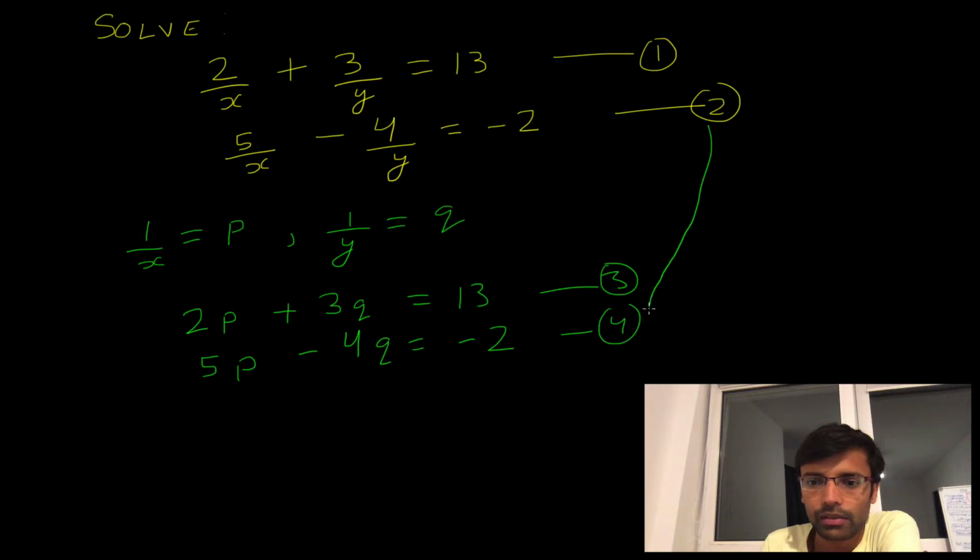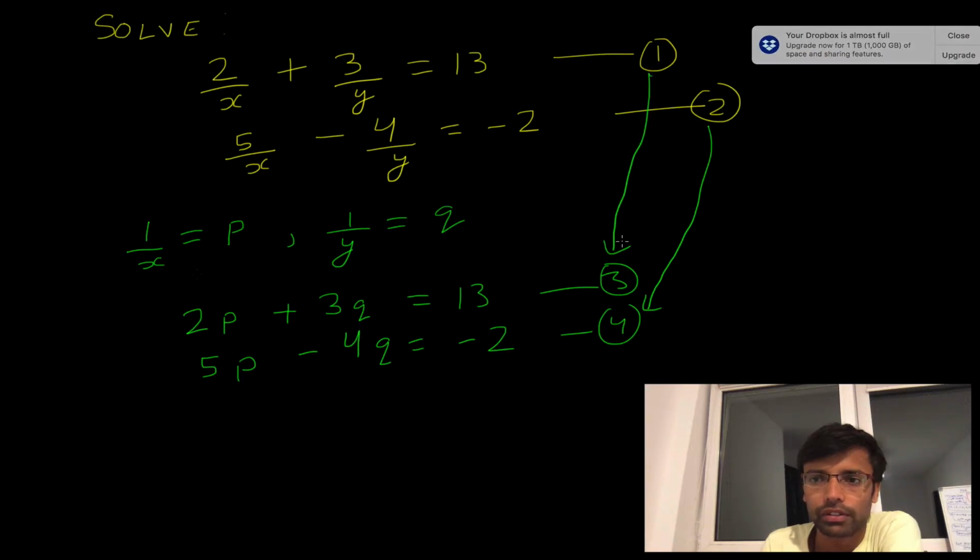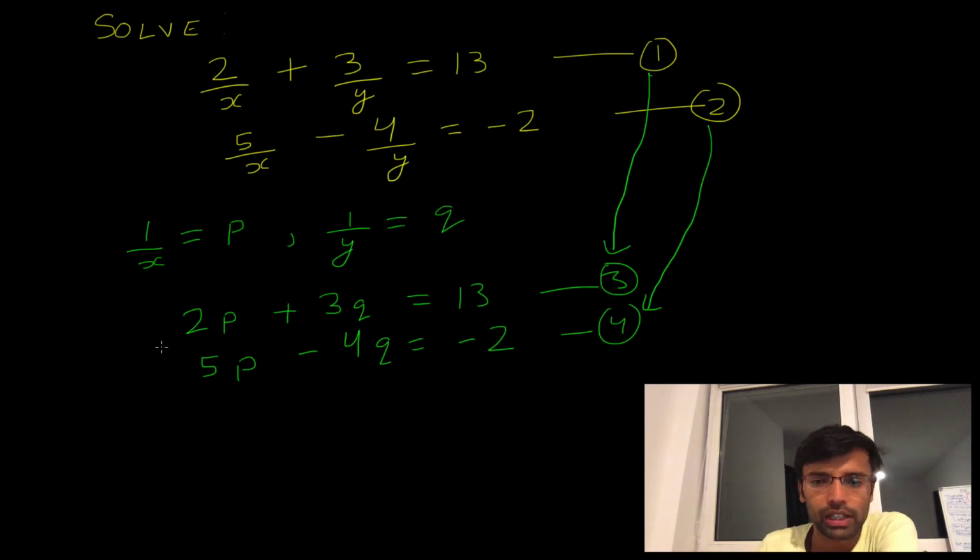This one comes from this equation, and this one from this equation. Now this is in the standard pair of linear equations form that we know, and now we can use any method to solve it. Okay, let's solve it using the elimination method.